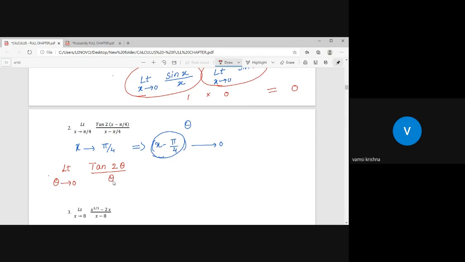Answer is a. Yes, here what happened? Oh, why is this pen not moving? Yes, I got it. Answer is 2. Answer is a, that is 2.